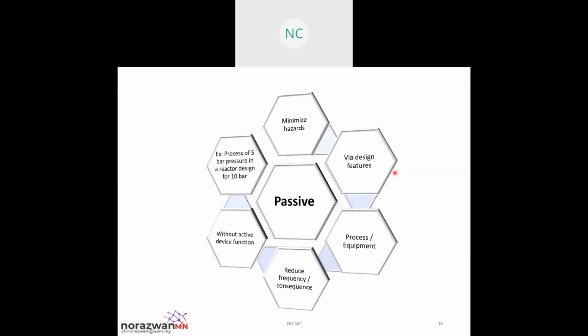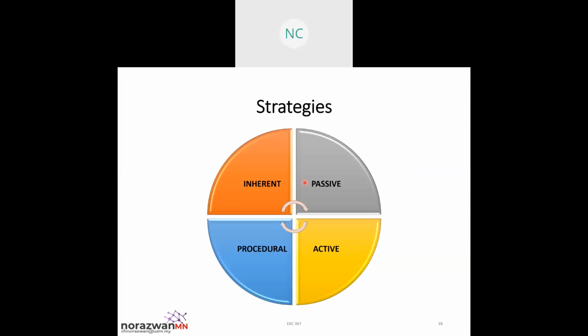When you're dealing with a 5 bar reaction, you design your reactor with a 10 bar capacity. So actually you have a margin inside your reactor. That's the passive strategy.